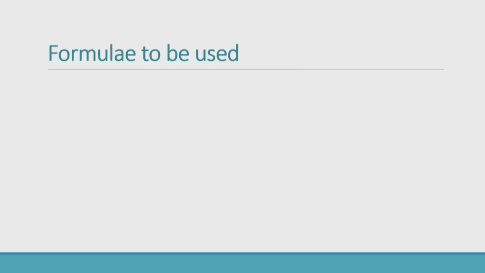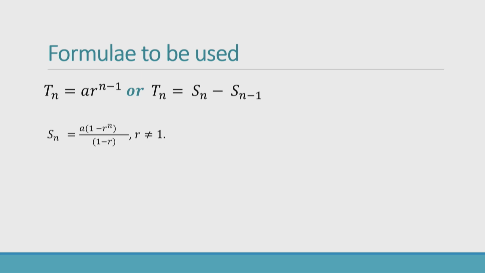Now, the formula to be used for a GP, Tn will be A R power n minus 1, or we can also say Tn will be the sum of the first n terms minus the sum of the first n minus 1 terms. So we just derived the formula for Sn.